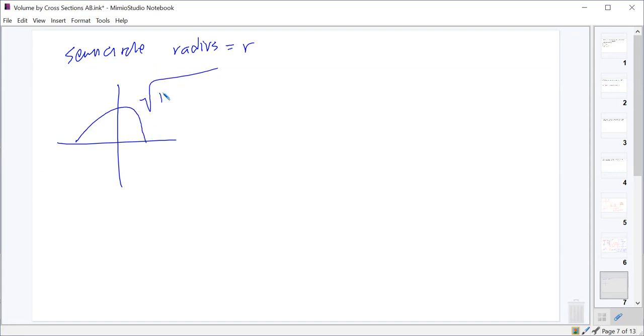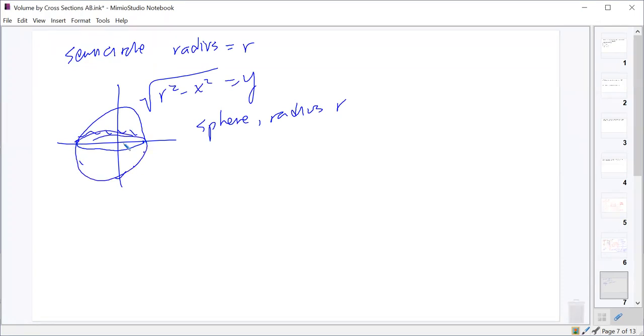This equation here would be r squared minus x squared. And if we were to revolve that around the x-axis, that would give us a sphere with a radius of r, right? If I revolve that around, we get this really horribly drawn sphere that I've tried to draw here. Would you guys agree with that?